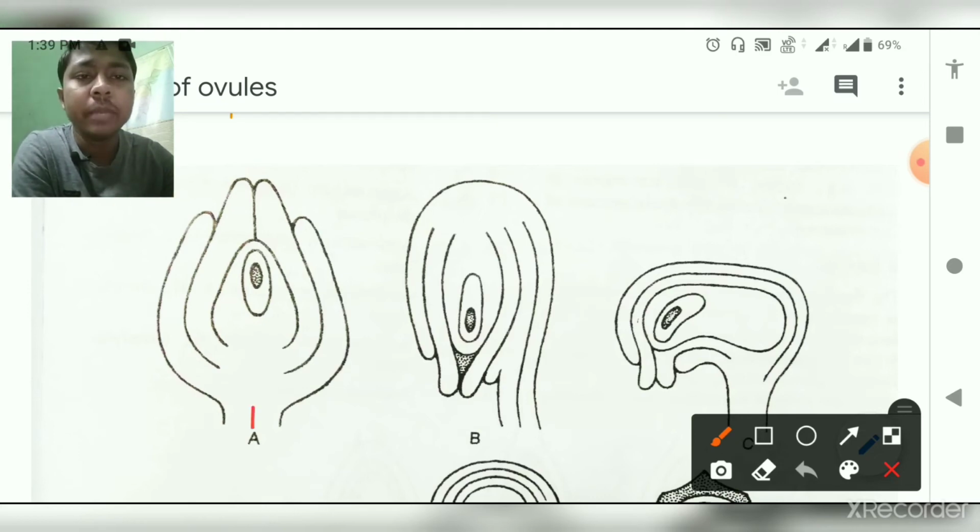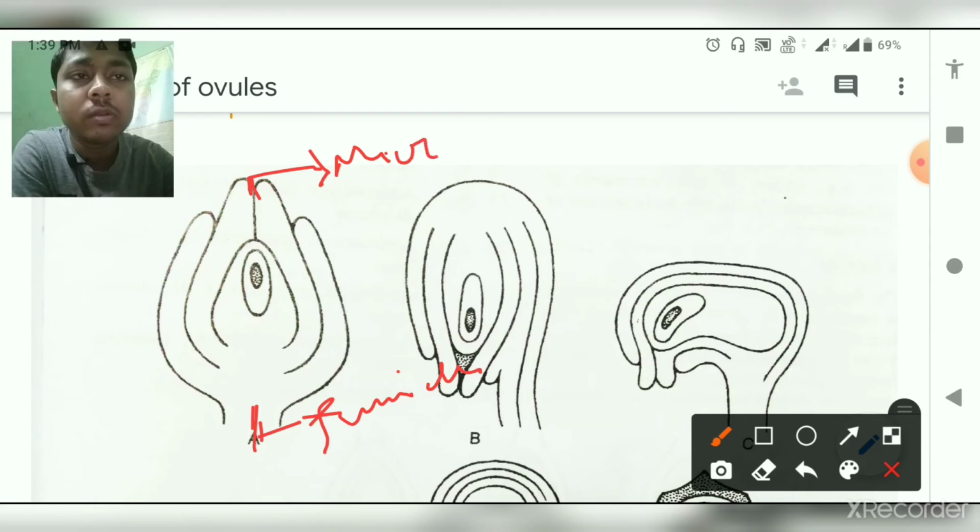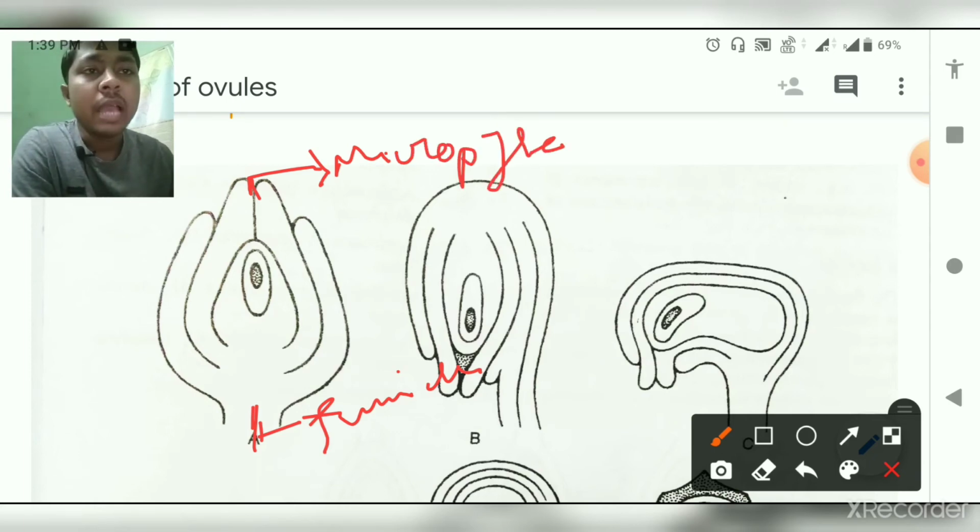This is the base, the stalk of an ovule, called the funicle. This is the apex of an ovule, called the micropyle, and this is the base of an ovule, called the chalaza.